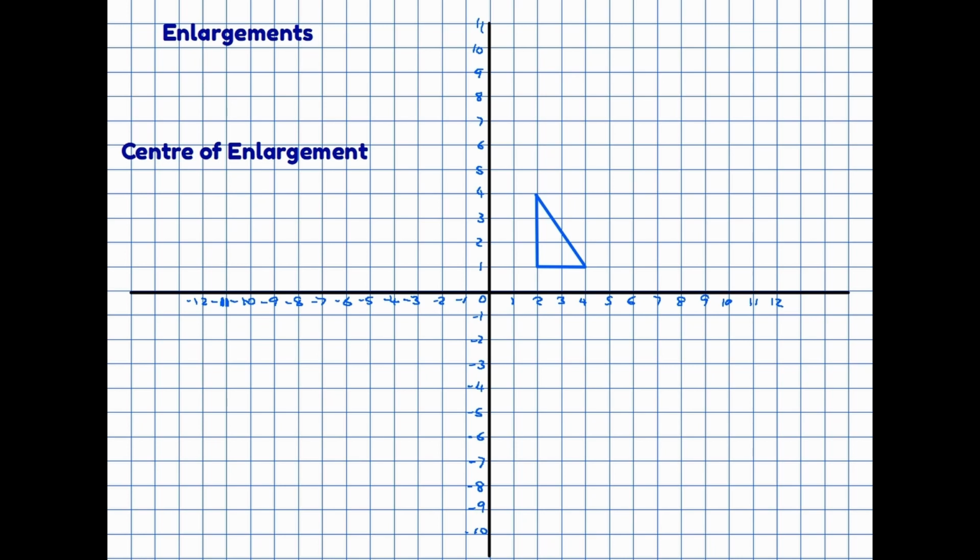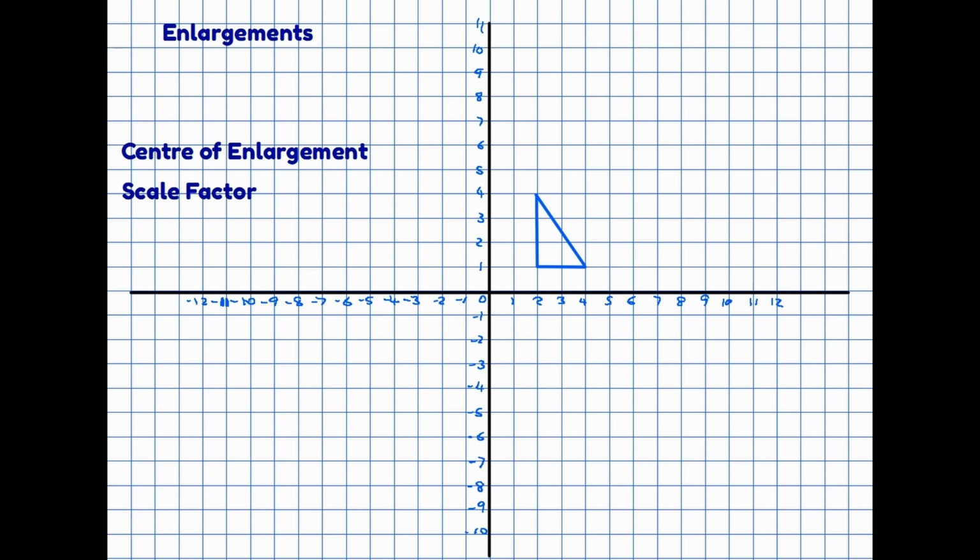You'll see what I mean by that in a couple of minutes. The second piece of information is the scale factor. Now that's going to tell us how many times larger, or in some cases smaller, the new shape is going to be compared to the old shape.